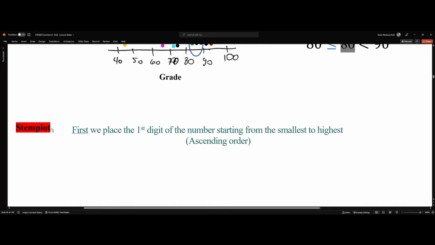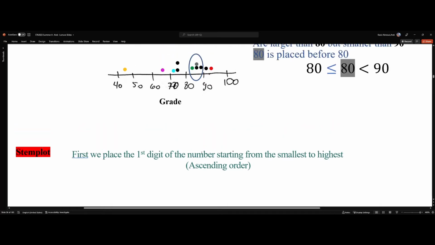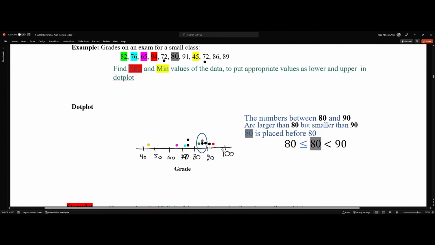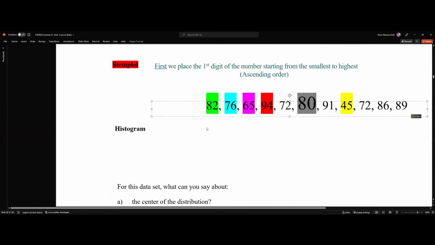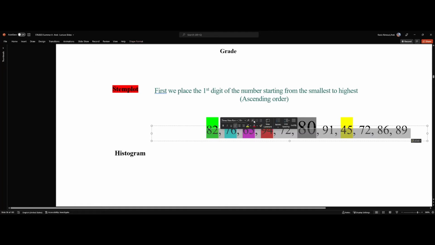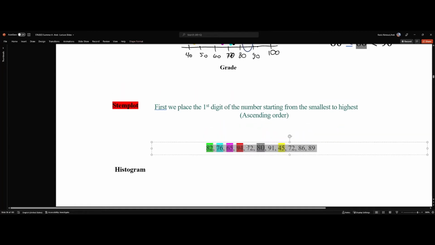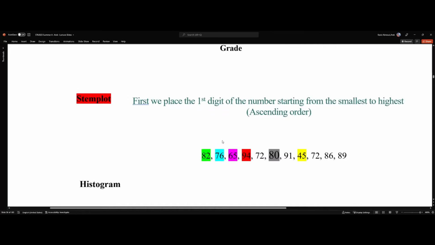And then we'll do the stem plot, or stem-and-leaf plot. In this graph, we first place the first digit of our numbers. These are numbers, right? So we place the first digit of the number, from 82 the first digit is 8, right?